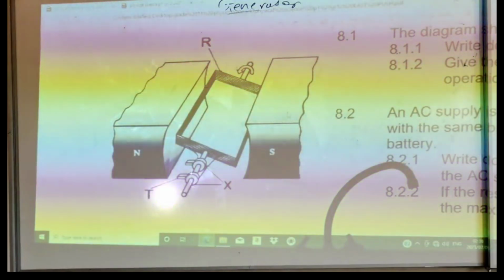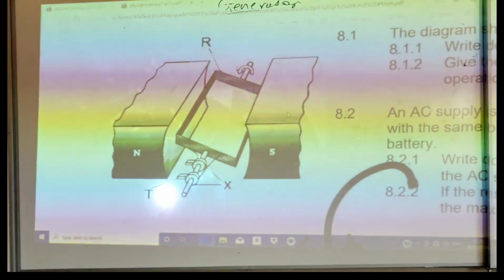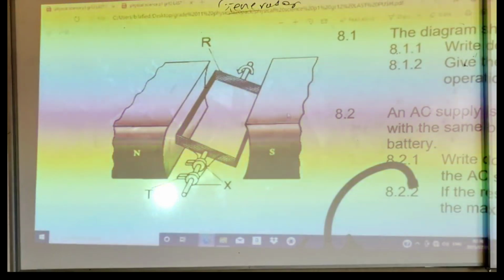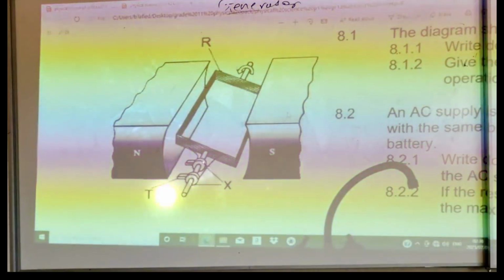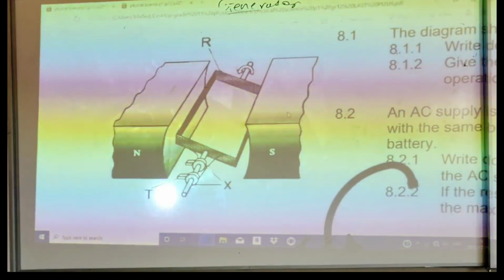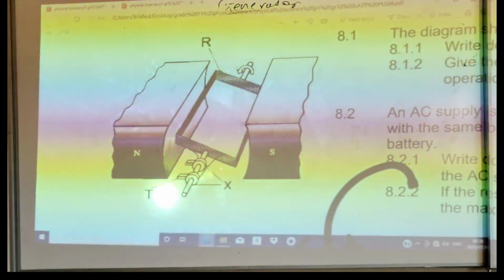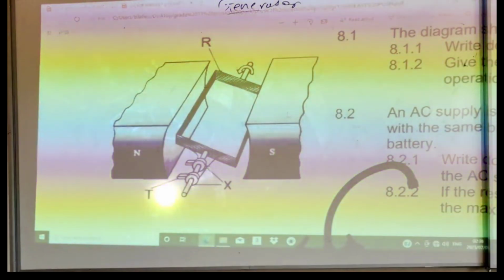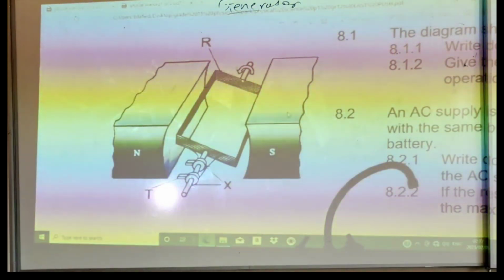Then here we've got the rings. You can see that the ring is just a continuous circle which is not split. It means these are slip rings. Since these are slip rings, it means this is an AC generator. How do we see that it is a generator? It is because there are no batteries here.